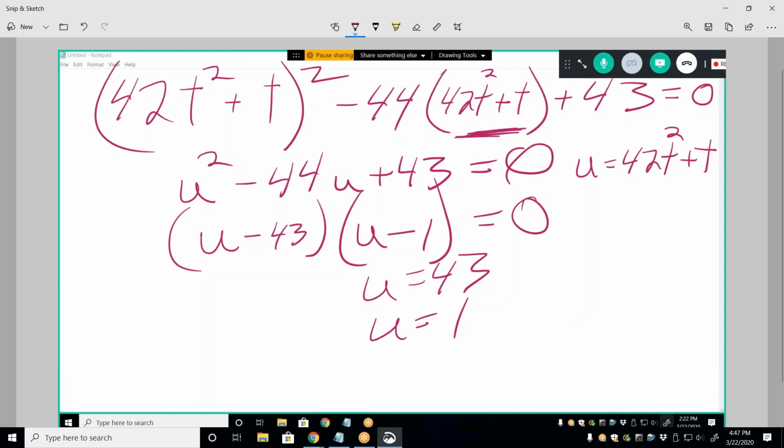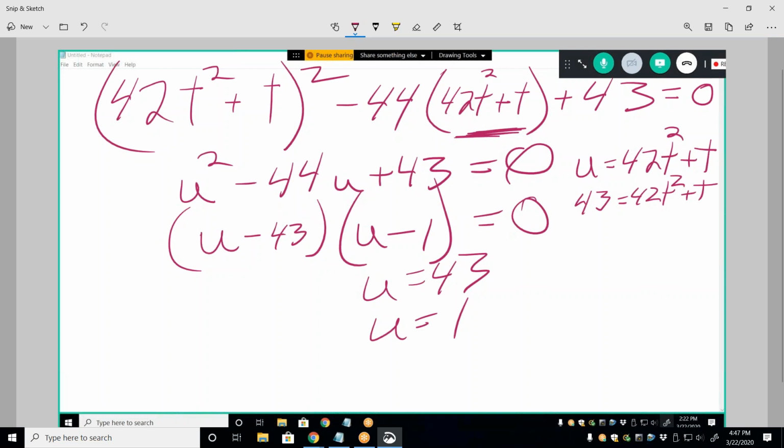So now we go back to this equation up here on the right, U equals that, and we substitute the two results we got. 43 equals 42t squared plus t. We'll work with that one first.